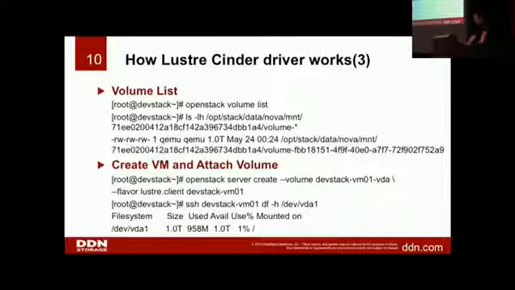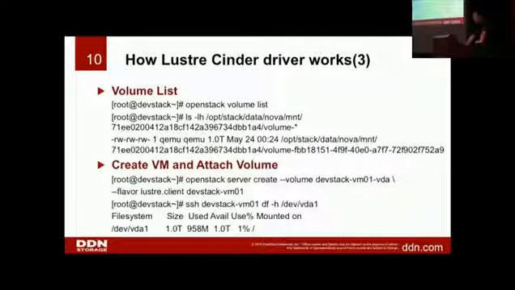Also, once you create the volume, you can check on the Lustre file system what file was created. From the Lustre standpoint, a 1 terabyte sparse file is created for the VM. There is no data there, it's just a sparse file.